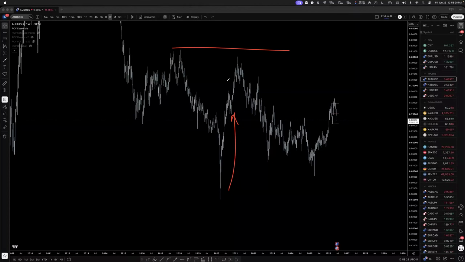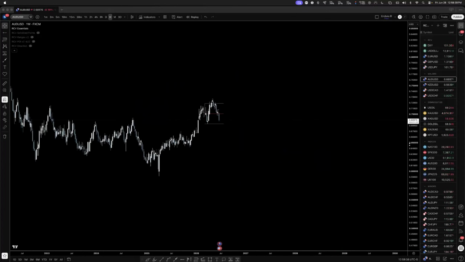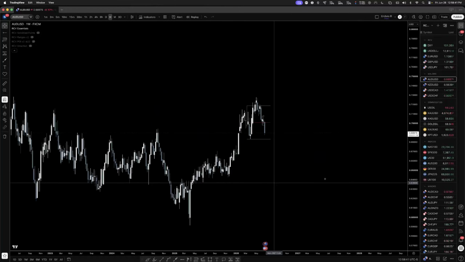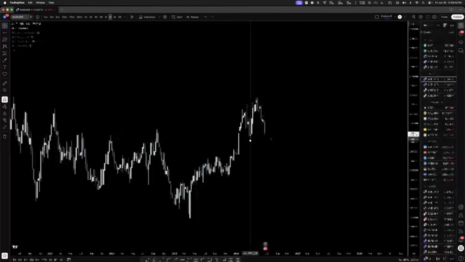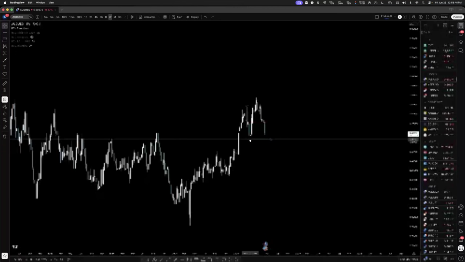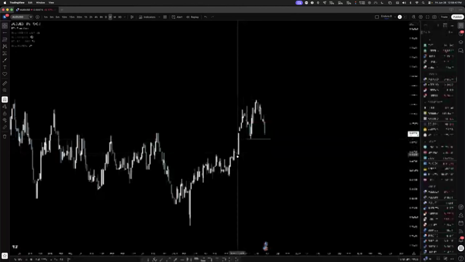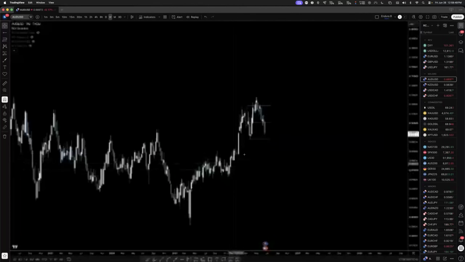Because we didn't break a previous high, this could easily roll over in the long run. So from a higher time frame POV, I want to see this low be swept. If this low is swept with conviction, then we can start to look at internal targets as potential next targets for the next couple of weeks.